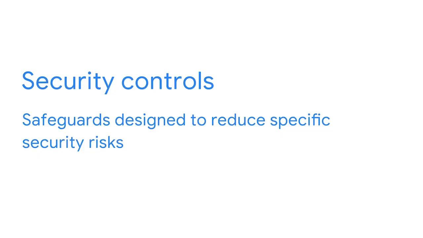Security controls are safeguards designed to reduce specific security risks. For example, your company may have a guideline that requires all employees to complete a privacy training to reduce the risk of data breaches. As a security analyst, you may use a software tool to automatically assign and track which employees have completed this training.